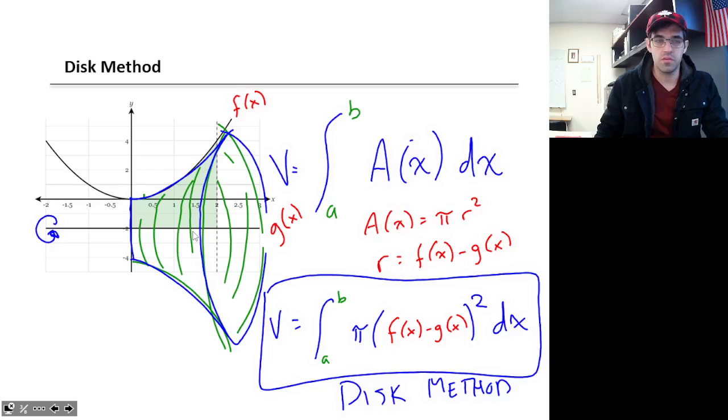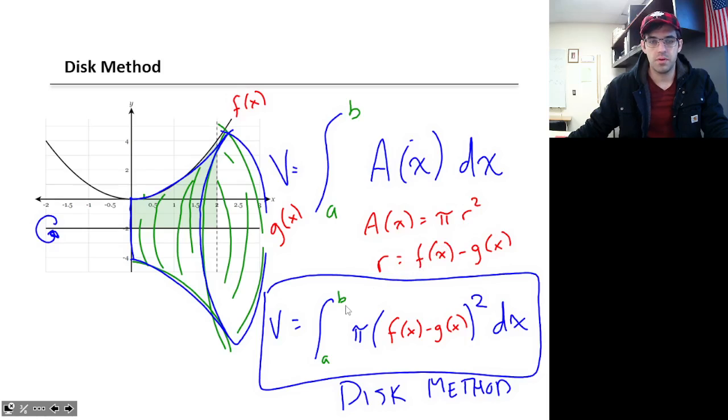So to find the volume of this shape, we're going to use what's called the disk method. If I take any cross-section, it's just a circular disk. The area of that disk is pi r squared, with r being the height of the function. So if we're going from our function f to some function down here, g, then the radius of each disk is going to be f of x minus g of x.